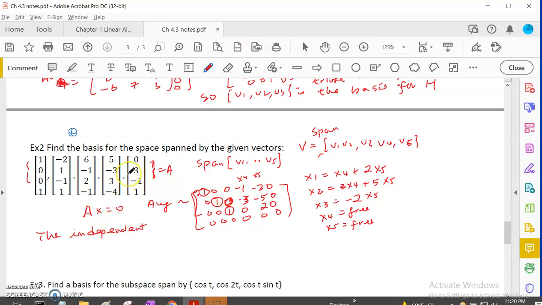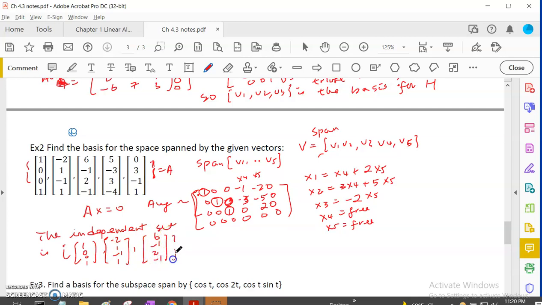I think the easy way is to think of it this way: if you don't have these two vectors, you will have a very nice linearly independent set of vectors. The linearly independent set is 1, 0, 0, 1, the ones that correspond to having a pivot position, 1, -1, and the third one, 6, -1, 2, -1.